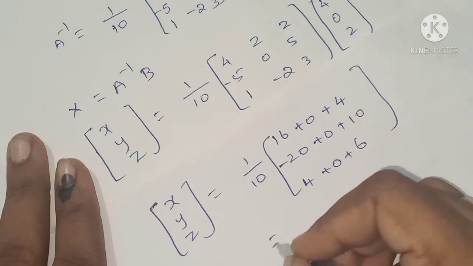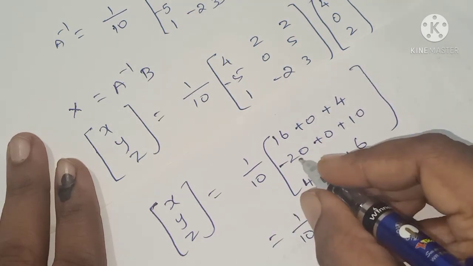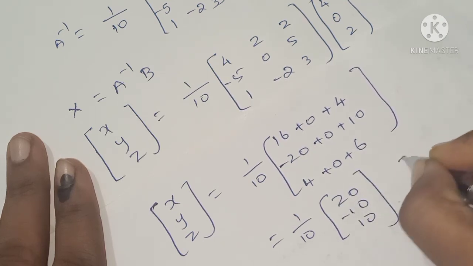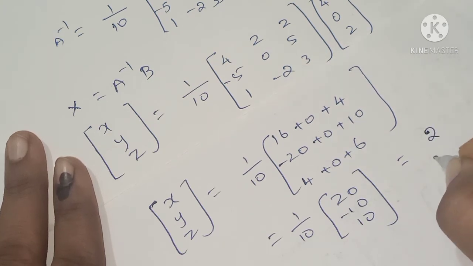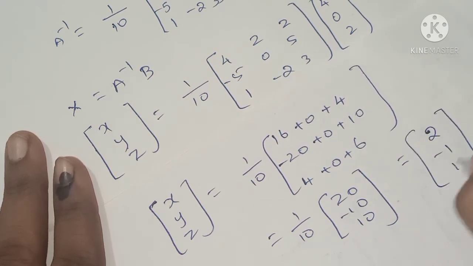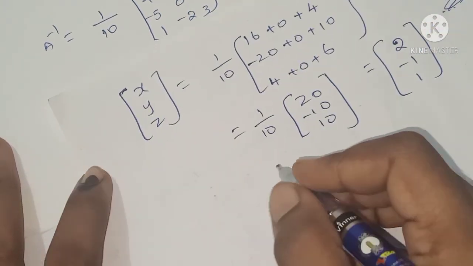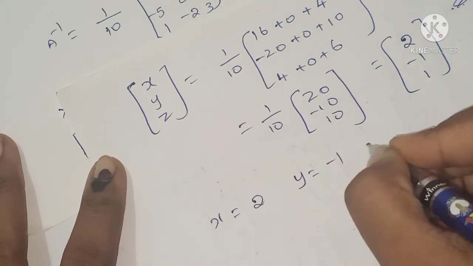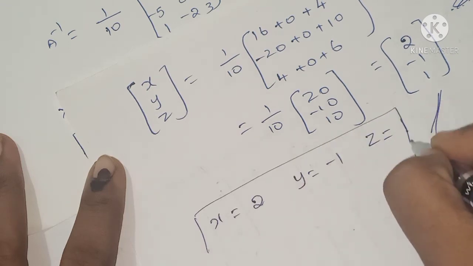So this is equal to 1 by 10 of 20, minus 10, 10. When I divide each and every entry by 10, we get 2, minus 1, 1. Therefore X is equal to 2, Y is equal to minus 1, Z is equal to 1. So these are the solutions.